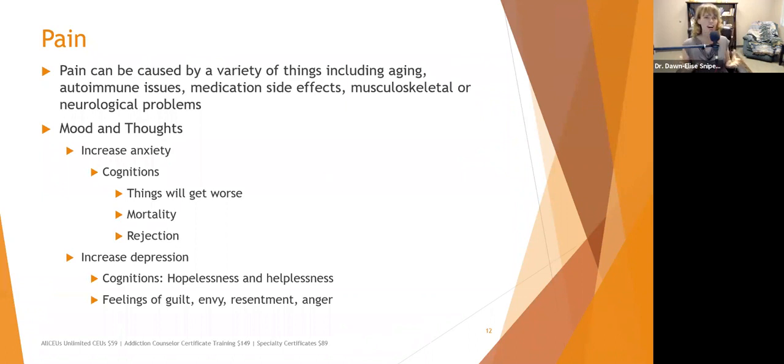So by holding on to these dysphoric emotions, people are actually increasing their dysphoria.